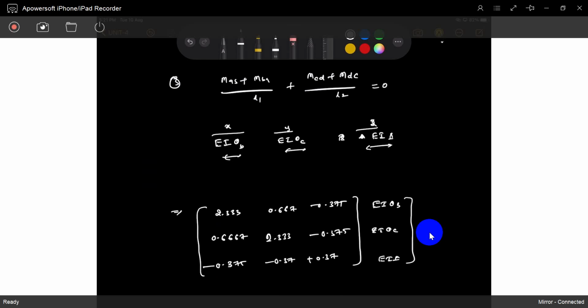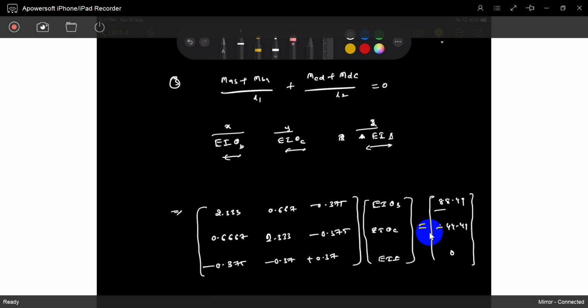Those are the 3 equations. You write them and get the right-hand side, 88.49 minus 44.49, and 0 for the third.